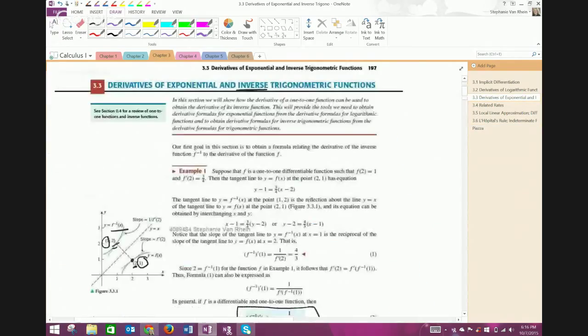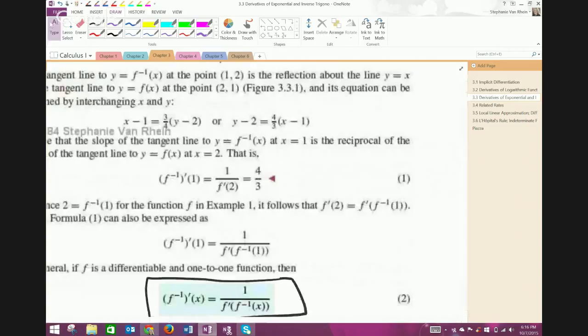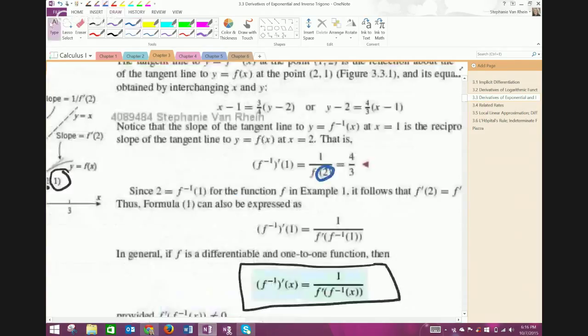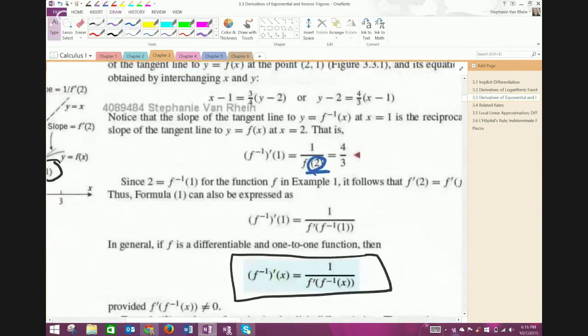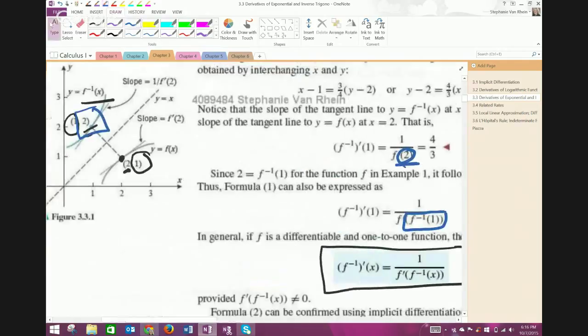They're saying if I want to find the derivative of the inverse at 1, I'm actually plugging in the output at 1. So if I plug 2 into the function, I get out 1. So if I plug 1 into the inverse, I get out 2. So this is the output of the inverse function. So the formula would say, what is f inverse at 1? Well, f inverse of 1 is 2, so I plug 2 into the original function.